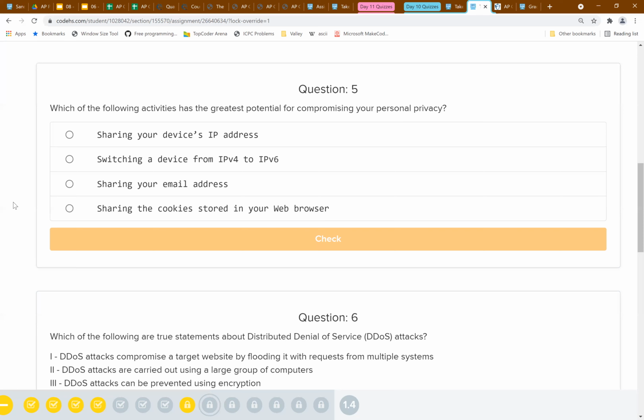That could possibly include things like what websites you've been to or login information. So sharing your cookies is definitely going to be the greatest risk out of these things, because you could potentially share information that is used to log into different websites.